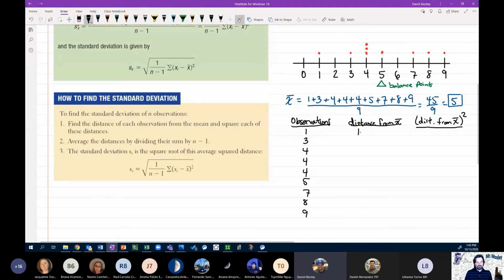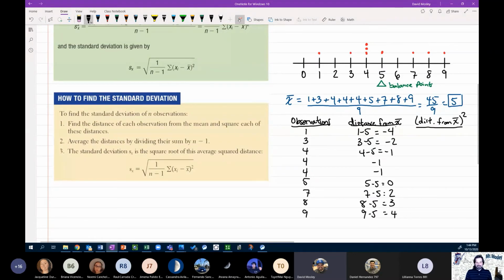So we have 1 minus 5, that equals -4. 3 minus 5, -2. 4 minus 5, -1, -1, -1. 5 minus 5 will give us a 0. 7 minus 5, 2. 8 minus 5, we get 3. And 9 minus 5, 4.